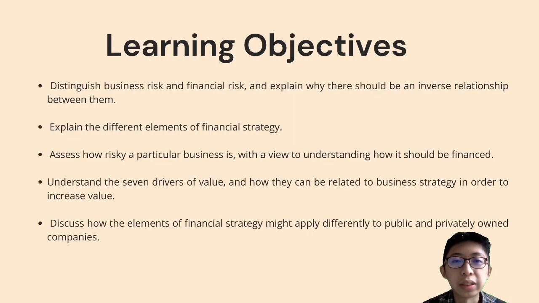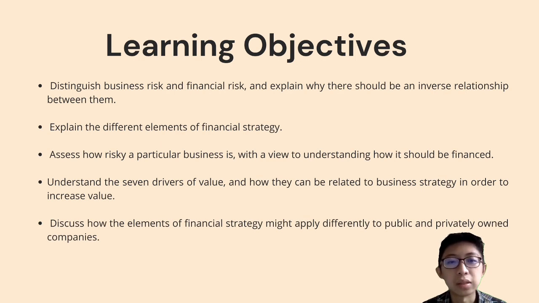The next slide explains the learning objectives of this presentation. First, distinguish business risk and financial risk, and explain why there should be an inverse relationship between them. Second, explain the different elements of financial strategy.